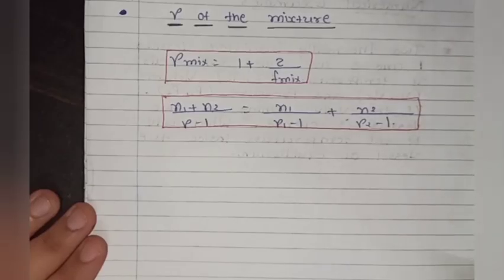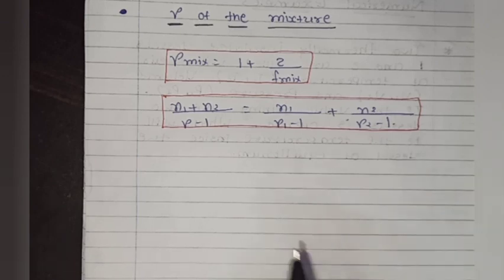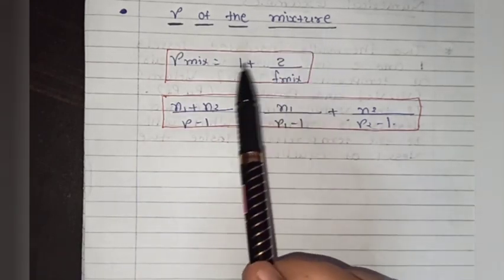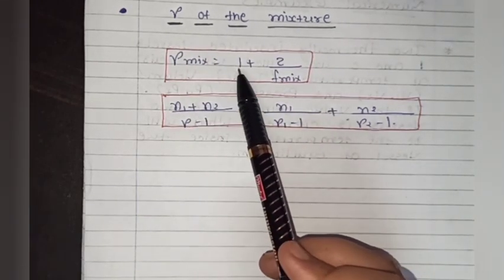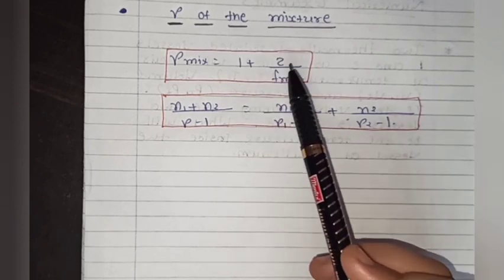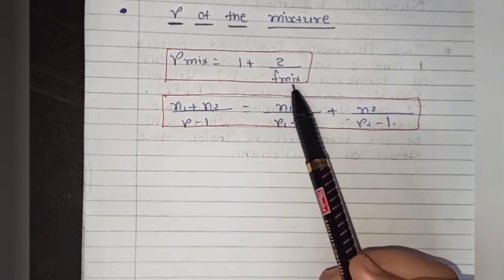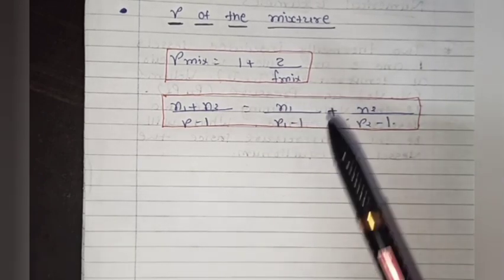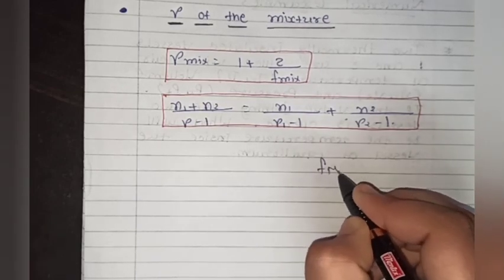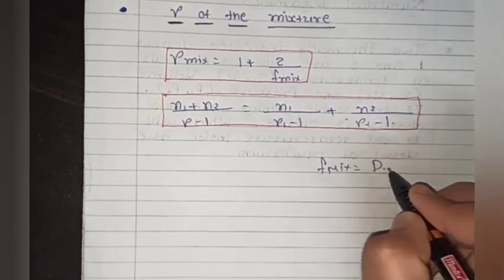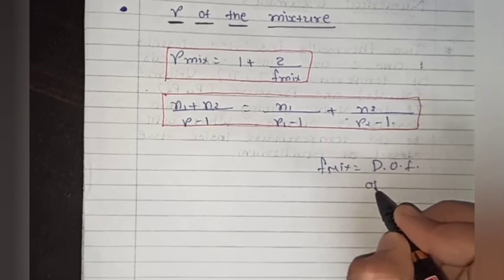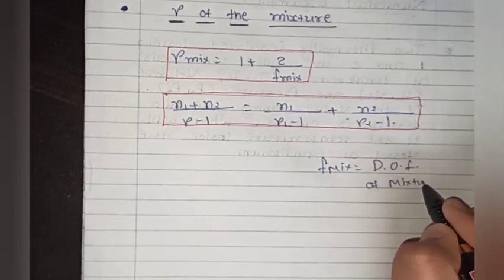In the same manner, we can also find the gamma of the mixture. The gamma of the mixture will be equal to 1 plus 2 divided by F mixture. Here F mixture is the degree of freedom of the mixture of gases.